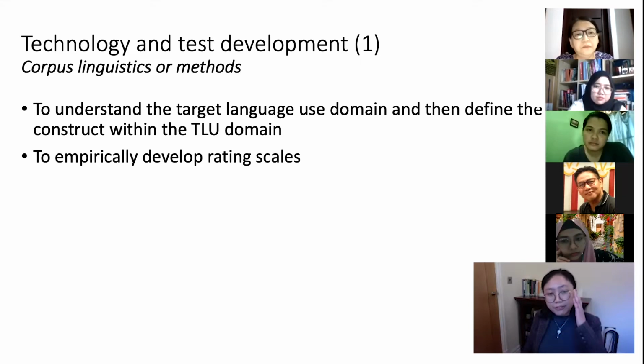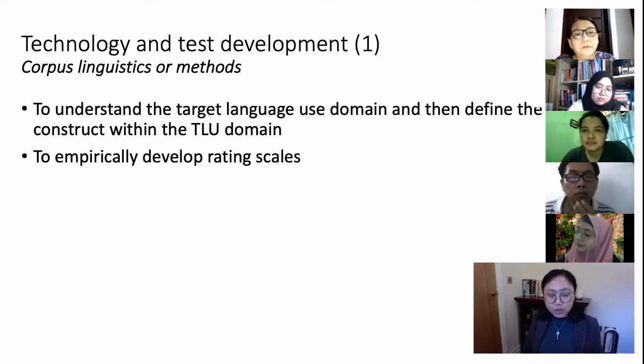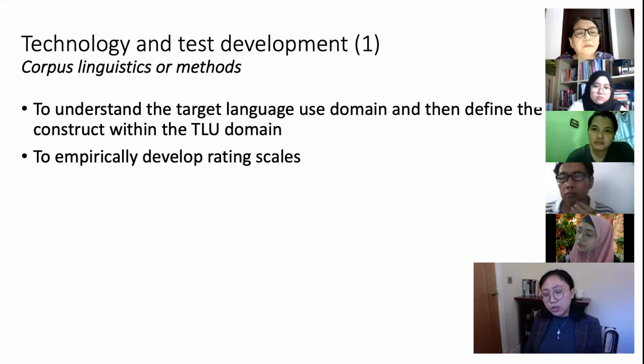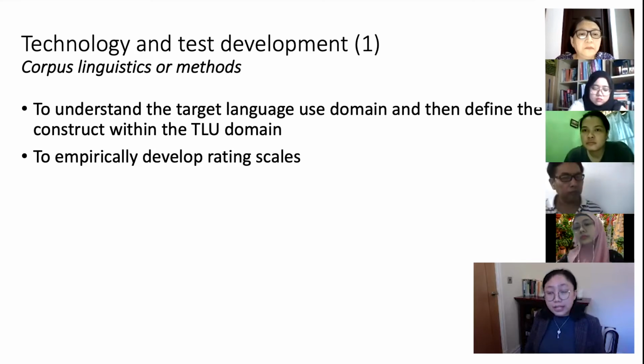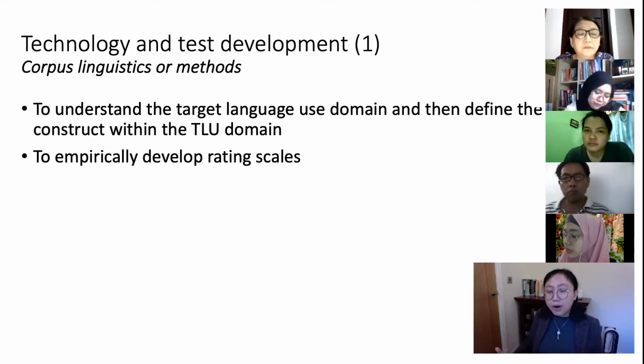For the development of rating scales, you can use either or both target language corpora, containing language samples of native speakers or proficient speakers of the language, or you can also use learner corpora. By learner corpora, I mean corpora that contain language samples of learners, meaning the corpora will also contain mistakes, for example.